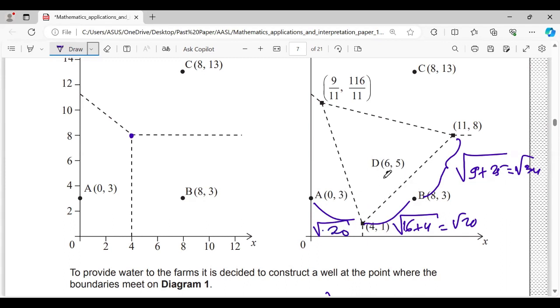So about this, 2 square root, 4 plus 16, yeah, 20. How about this one? Square root, yeah, 34.